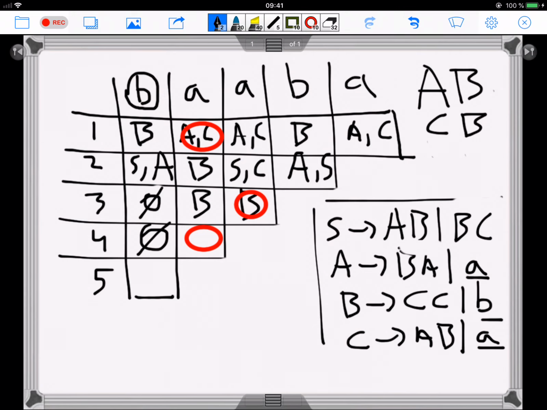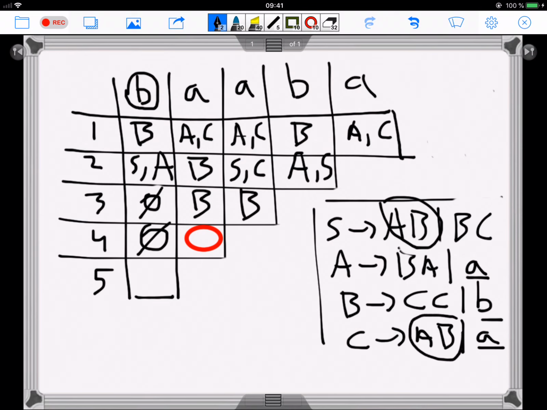Okay, please check that, that is incorrect in the slides. Okay, so AB is generated by here S and C here. Okay, so this is S, C.